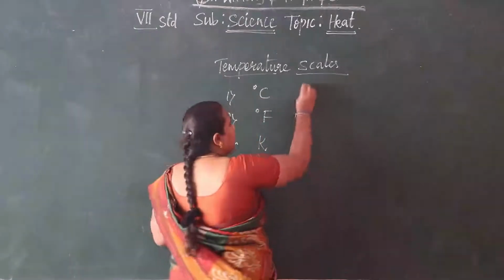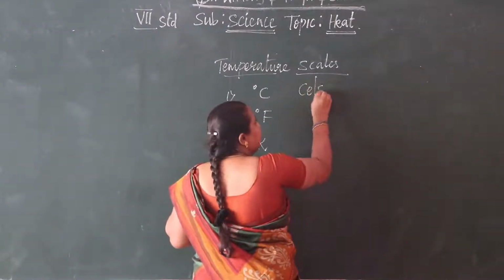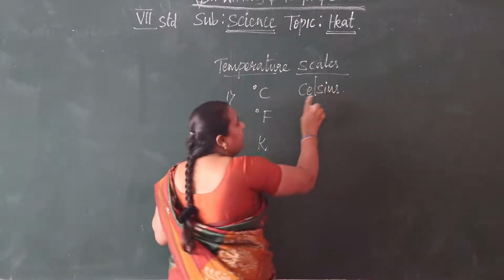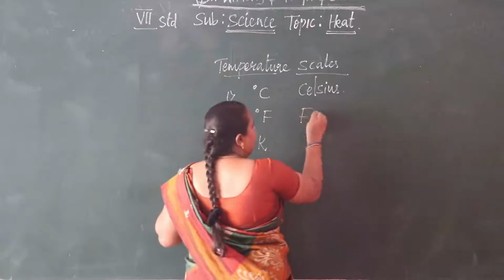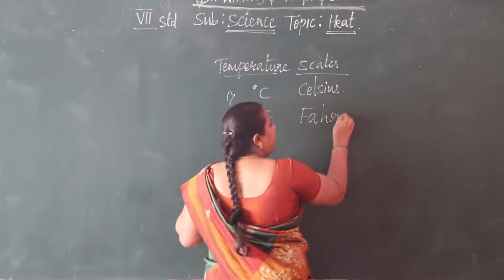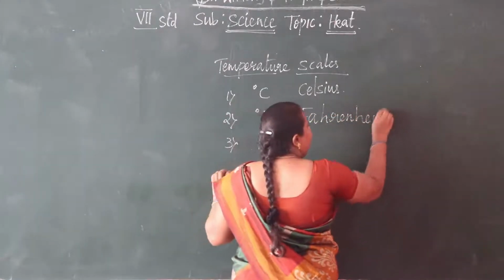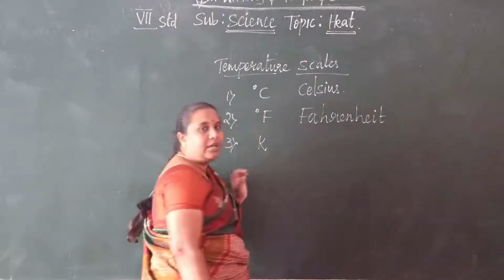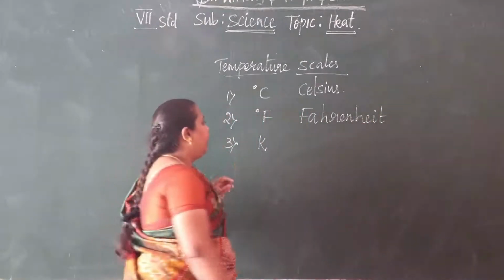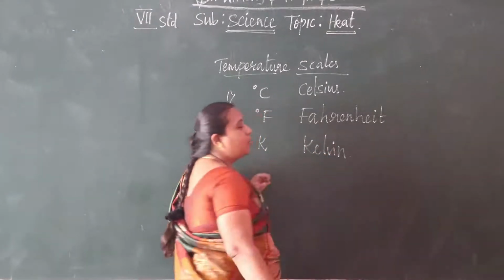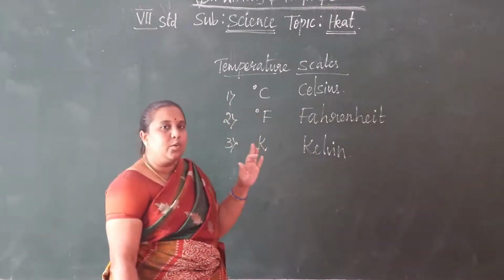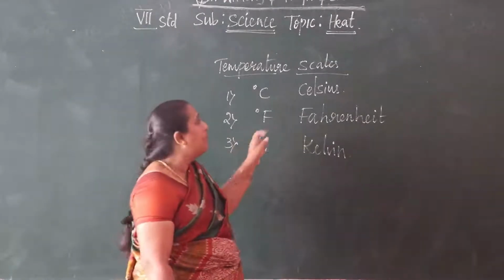The spellings are very important: Celsius, C-E-L-S-I-U-S; Fahrenheit, F-A-H-R-E-N-H-E-I-T; Kelvin, K-E-L-V-I-N. What are the three types of scales we are using to measure temperatures?